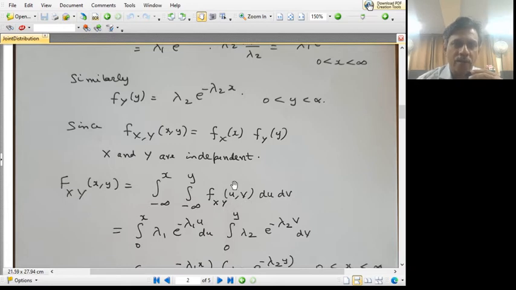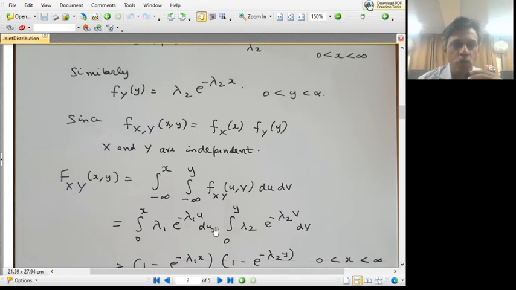Plugging in the bivariate exponential density function and separating out terms related to x under one integral and y under another integral, we get the product of these two integrals.